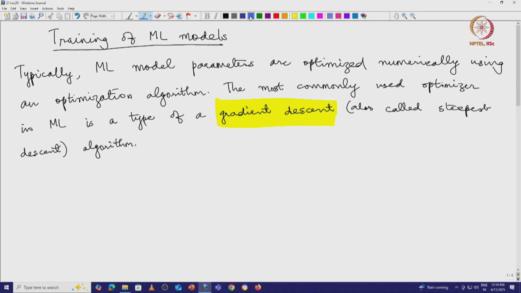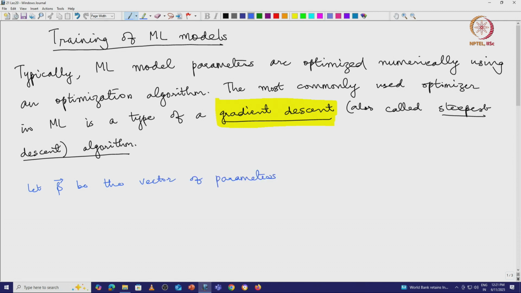So how does this gradient descent algorithm work? To explain it, let's consider beta as the vector of parameters and let L denote the loss function. So what we want to do is we want to update the value of beta.